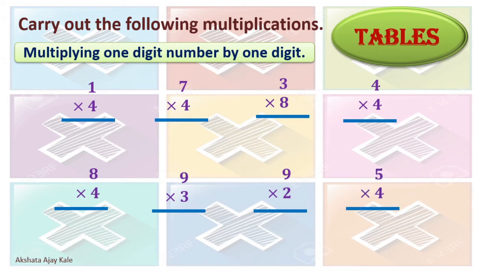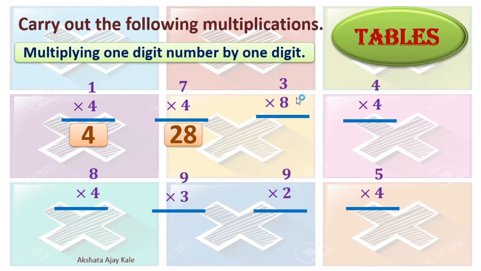First one, 1 multiplied by 4. That is 1 4 za. How much? 4. Correct. Very good. Second one, 7 multiplied by 4 or 7 4 za. How much? Come on, recite the table for 7. 7 4 za, 28. Isn't it?